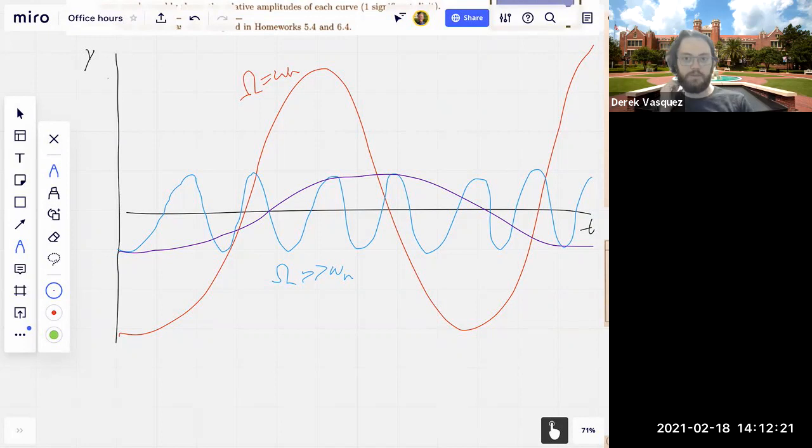Again, because we don't know exactly what omega or our natural frequency is, we don't know specifically what the amplitudes are. We just know that at the natural frequency it's a high amplitude, and at other frequencies it's lower than that.